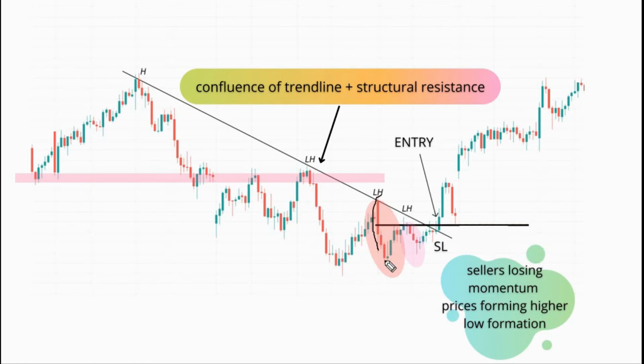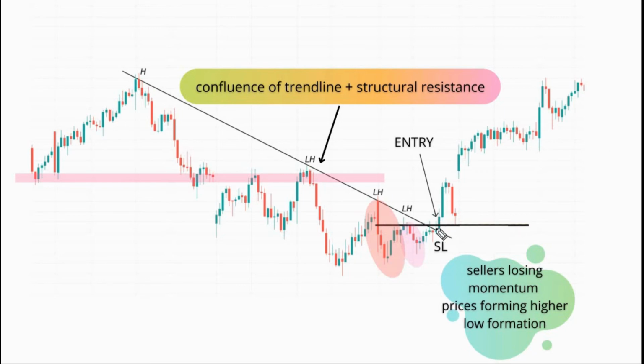Again sellers tried, but again and again they are getting weaker because the length of the downward swings are getting shorter and shorter. Okay, and also we are seeing higher low formation, and then we saw a congestion, a contraction in the price behavior.